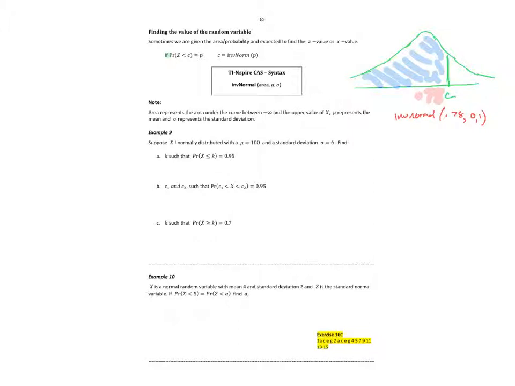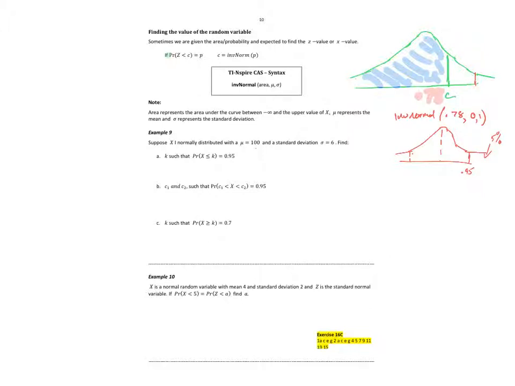So x is normally distributed with mean 100 and standard deviation 6. Find, in this case, 0.95. So really what I'm saying is I want to work out what value there will give me 0.95. Now, I know 95% lies within 2 standard deviations, so it's not going to be quite 2, but if I go to my CAS, we should be able to find an answer.